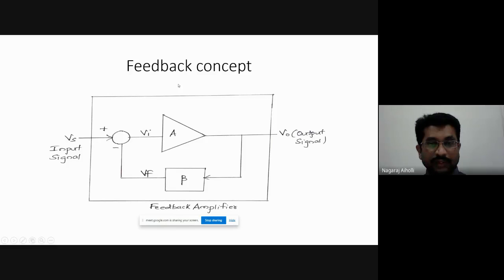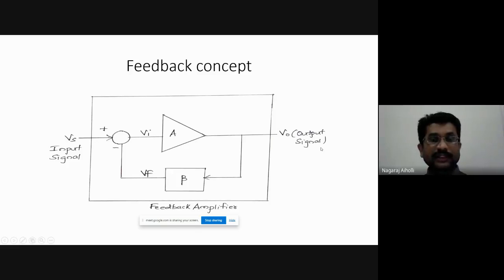The feedback amplifier consists of a normal amplifier, and in the feedback path there is a circuit which provides some portion of the output of the amplifier as its output. So this is the block diagram of the feedback amplifier.